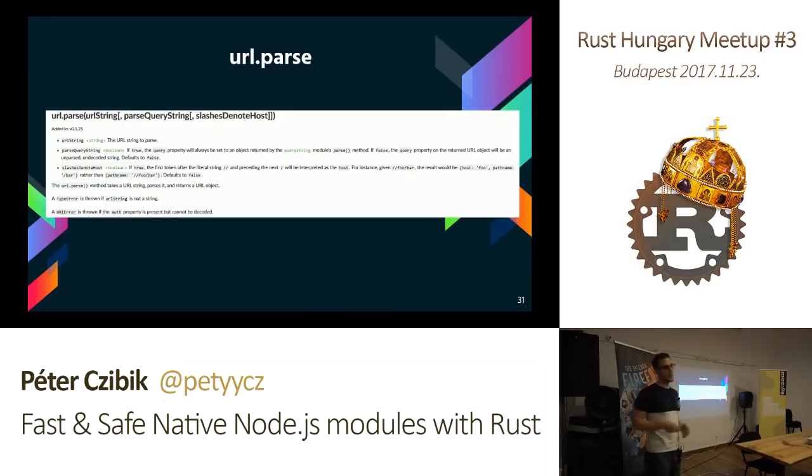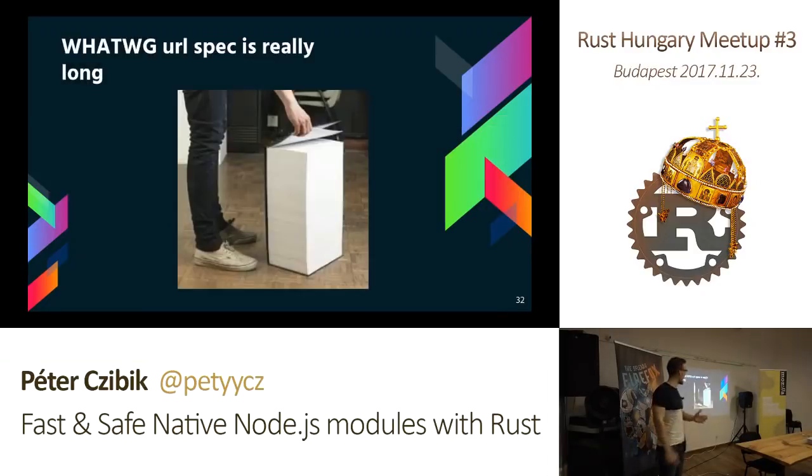We have a URL parser expert over here, and he knows how slow it is and how complex a task it is to get to know how these things work. They have a really, really long specification that I wanted to read through, but it had so many external links that I couldn't do it.